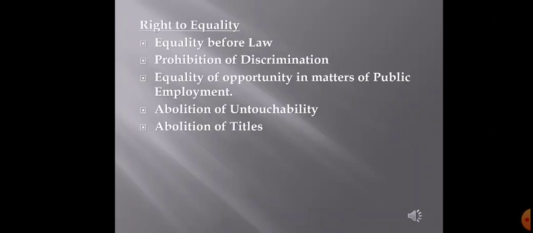Penalties are also provided for denying access to any shop, hotel or restaurant. In 1976, the name of the act was changed from Untouchability Offence Act to the Protection of Civil Rights Act.